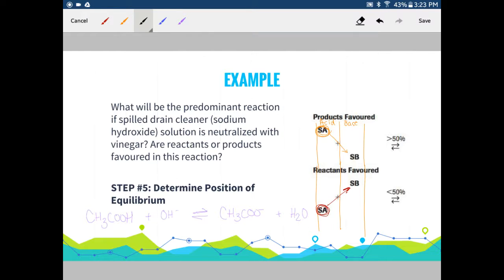Now, I can notate this in a few ways: either I go above my equilibrium arrows, greater than 50%, which is perfectly acceptable, or I can also write below that products are favored.